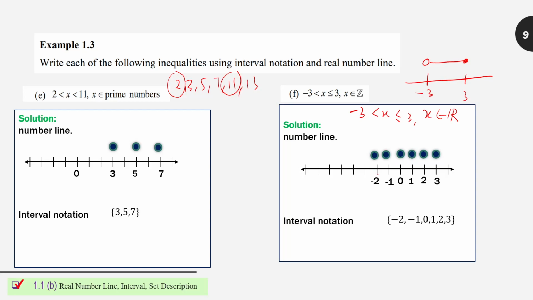For the integer case, they already told you it is an integer, so only those integer values are included. Because we only have 6 elements, we list down the 6 elements inside. If it is a real number, your answer will be a round bracket at negative 3 and a square bracket at 3.